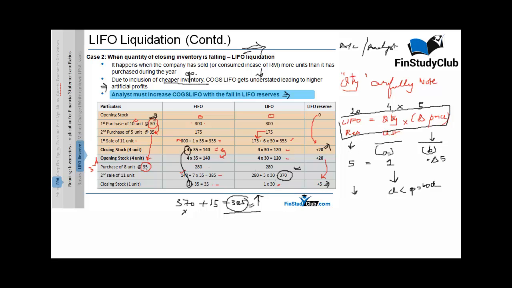The important aspect here is that whenever the quantity falls, which means the closing stock is lower than the opening stock, a case where sales are more than purchases, there we talk about LIFO liquidation, which might be manipulative. As a result, analysts need to increase the original understated COGS by this amount of 15.